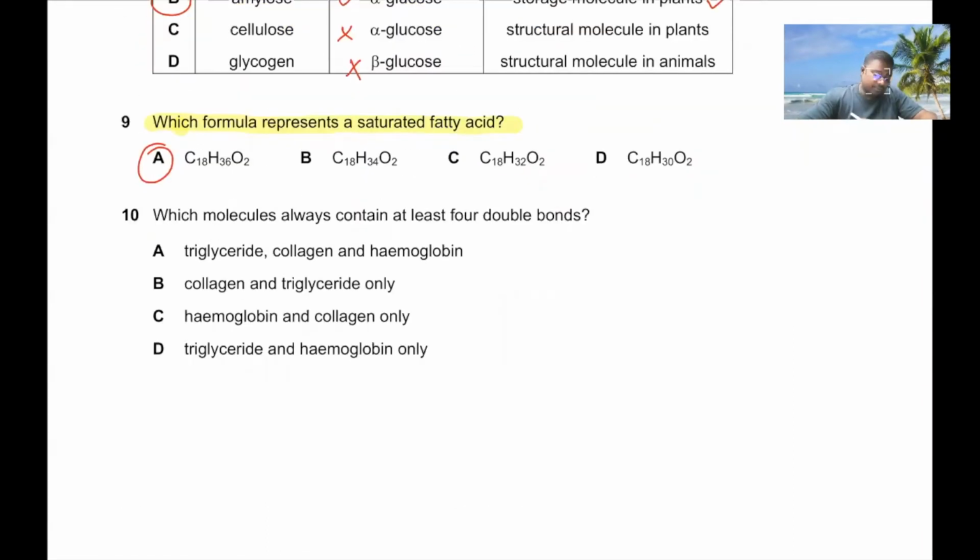Question number 10. Which molecules always contain at least four double bonds? Four double bonds. A triglyceride molecule will contain three carbon-oxygen double bonds, in the case of C=O in the carboxylic acid.